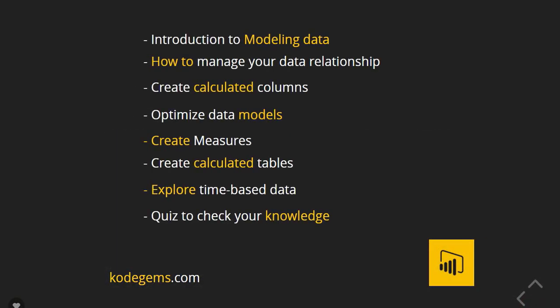So what you have learned so far: introduction to modeling data, how to manage the data relationships, how to create the calculated columns, how you can optimize the data models, how you can create the measures, how you can create the calculated tables, explore the time-based data through drill, and last but not the least, we have a quiz to check your knowledge.